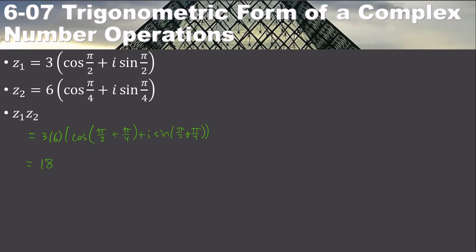That would be 18 times cosine of, let's see, I need a common denominator, so it looks like it's 2 plus 1 would be 3 pi over 4. There you go. Easy peasy.